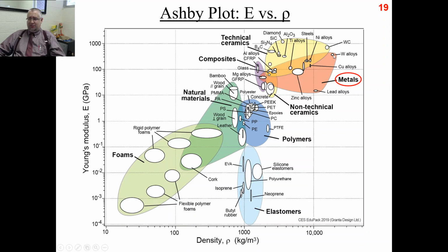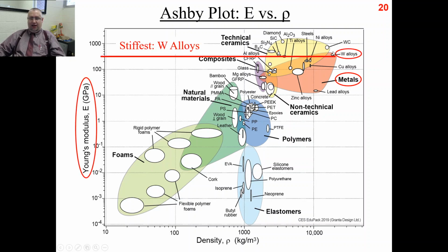We go as high as possible within the family of metals, and it looks like tungsten is our choice again. And lo and behold, it is. The stiffest of all the available metal alloys is some alloy of tungsten, on the order of about 300 gigapascals for its Young's modulus.